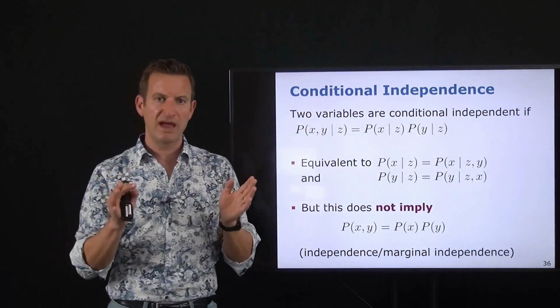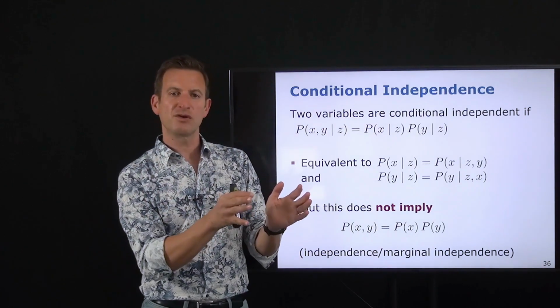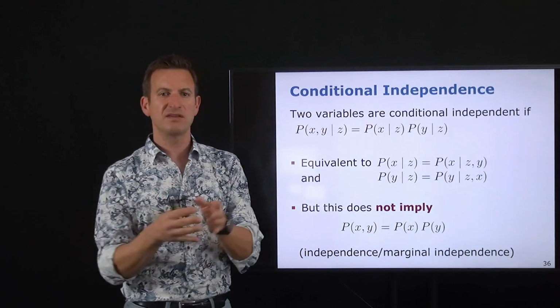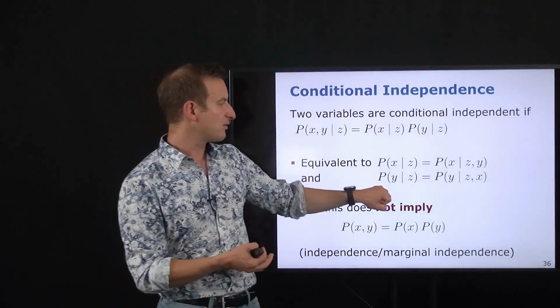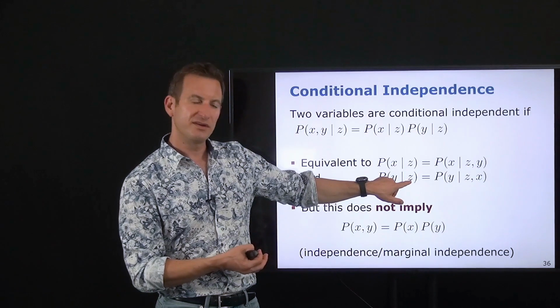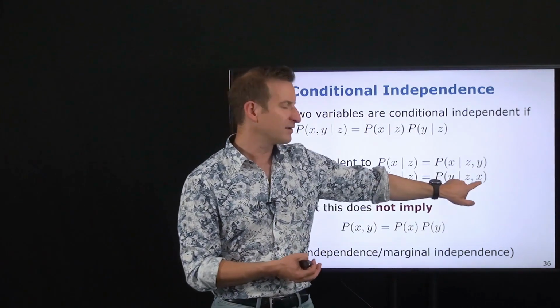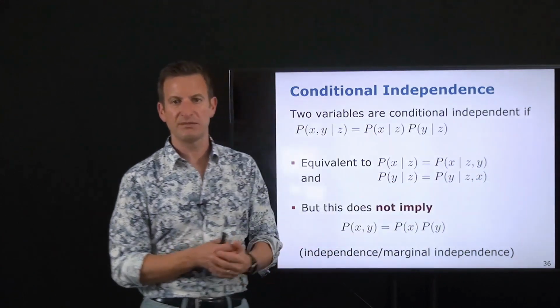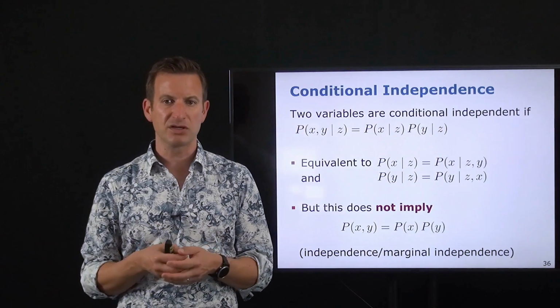Given I know z, I have enough information to estimate my probability distribution over x, and the knowledge of y doesn't help me to say anything further about x. And the same the other way around. If I know z, I have my probability distribution about y, and adding the knowledge of how x looks like doesn't help me at all. This is a different way of phrasing the conditional independence.